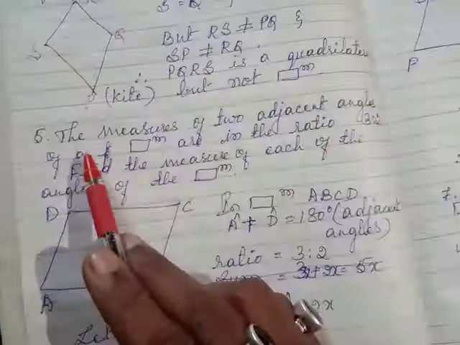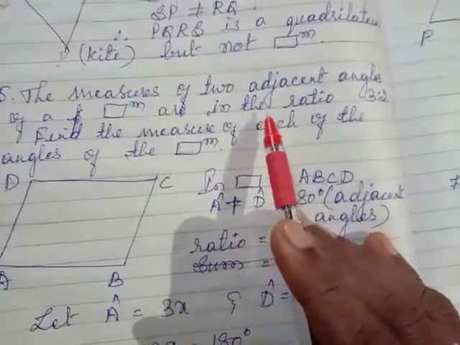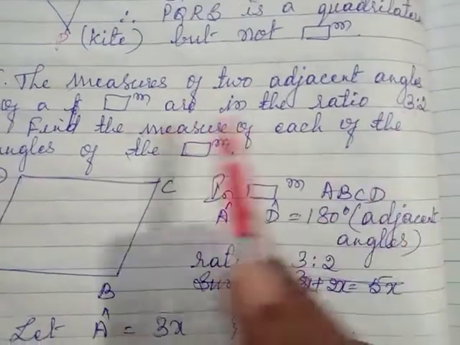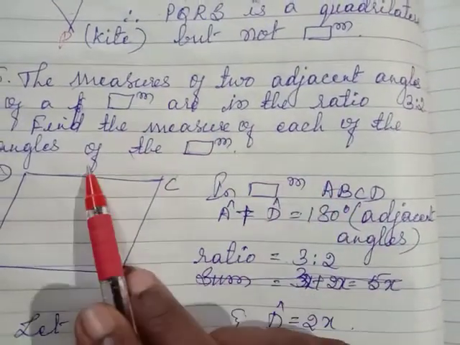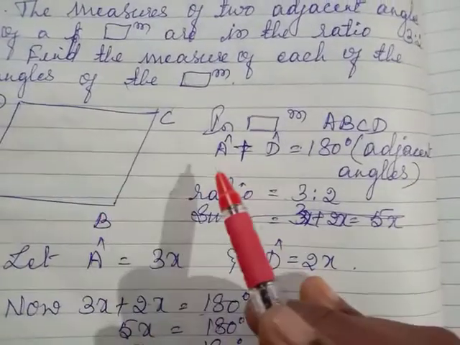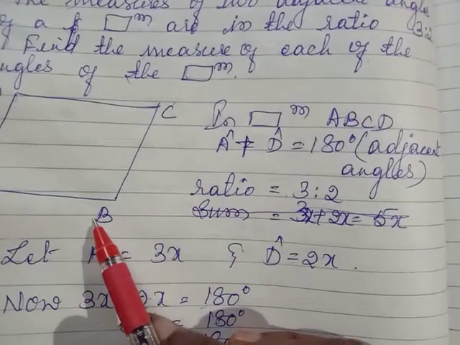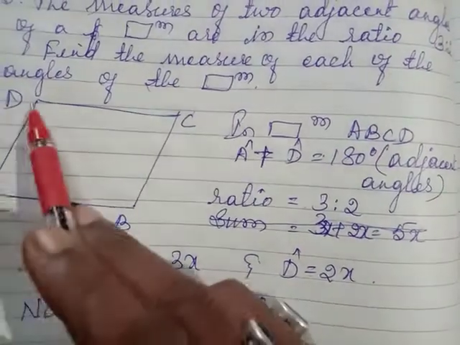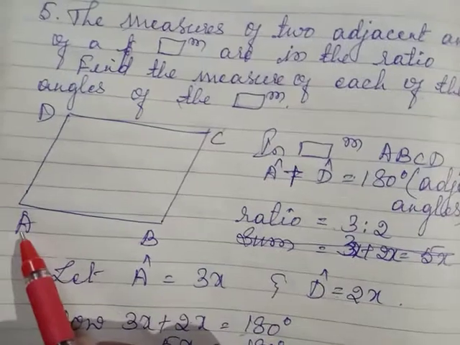Okay. The fifth is: the measures of two adjacent angles of a parallelogram are in the ratio 3:2. Find the measure of each of the angles of the parallelogram. This is a parallelogram ABCD. Angle A plus angle D is nothing but adjacent angles, correct?